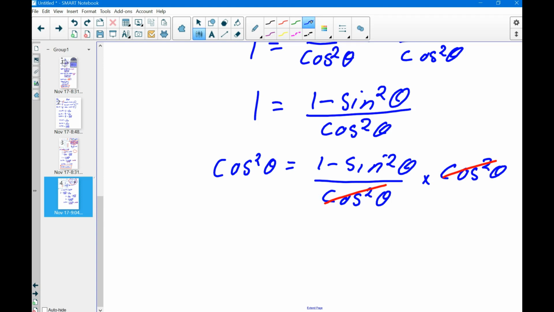Now once again, it should start looking incredibly familiar. 1 minus sine squared theta equals cosine squared theta. That's not a negative there, I should clarify in case it confuses you.